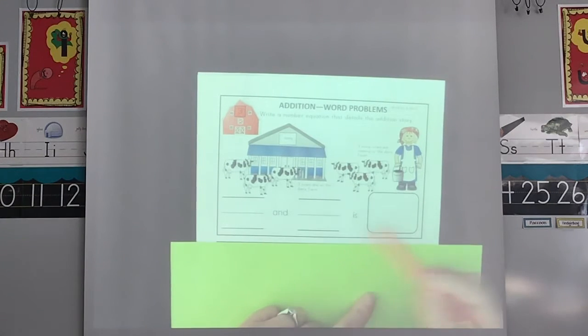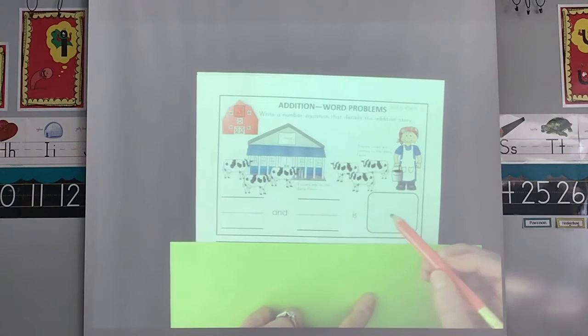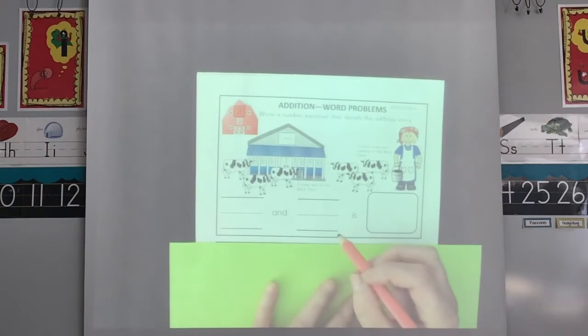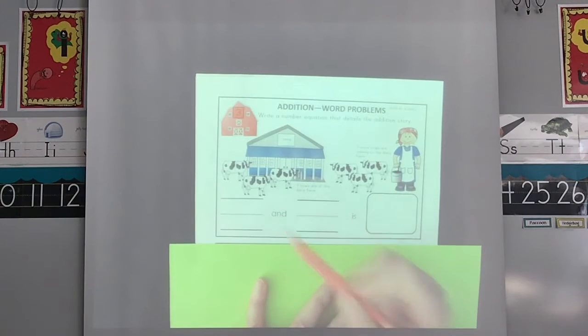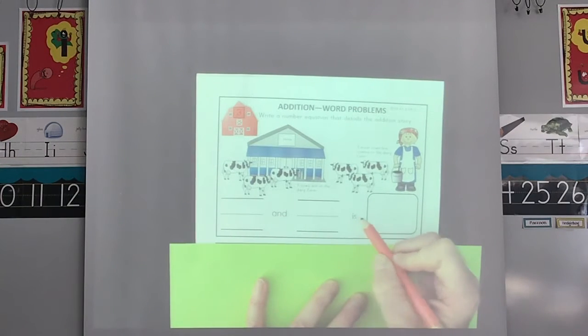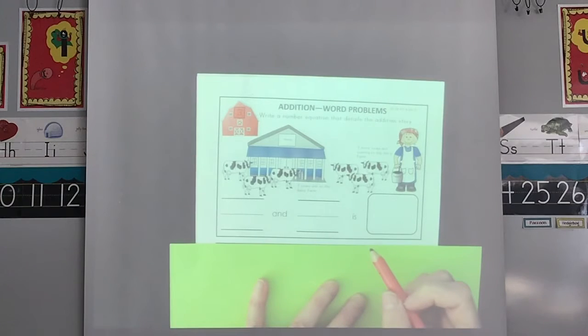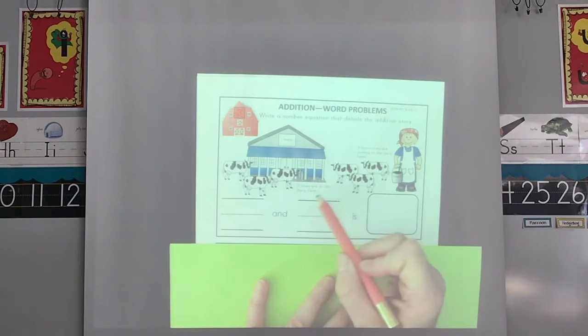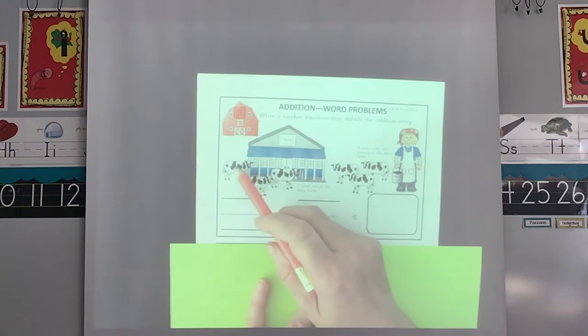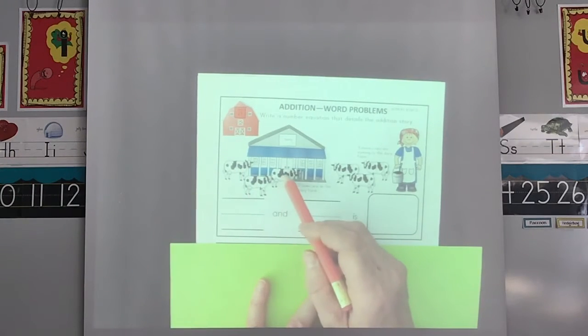Okay, this is interesting, we've never seen a math problem with and is. So I'm going to show you in math what and means and what is means, when you're doing a story problem. All that means is somebody's telling you a math problem in a story form. So there are 3 cows at the dairy farm. Let's count them. 1, 2, 3.